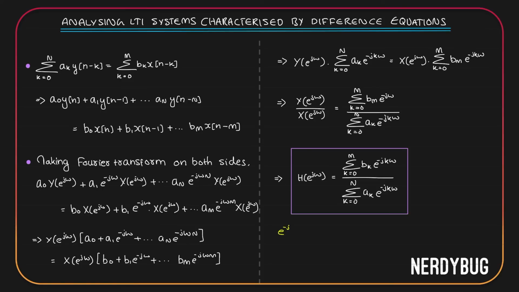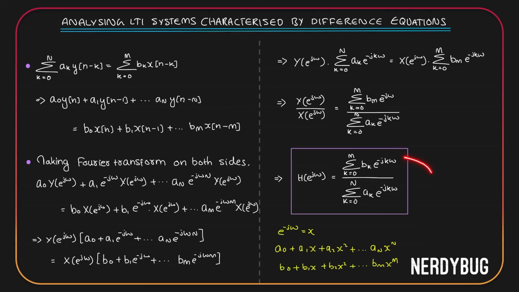Let us consider e raised to minus j omega to be x, just for fun. Then whatever you have over here can be written like this: a0 plus a1 x plus a2 x square plus up to aN x raised to N. Whatever you have here can be written like this: b0 plus b1 x plus b2 x square plus up to bM x raised to M. But this is the form of a polynomial, right?